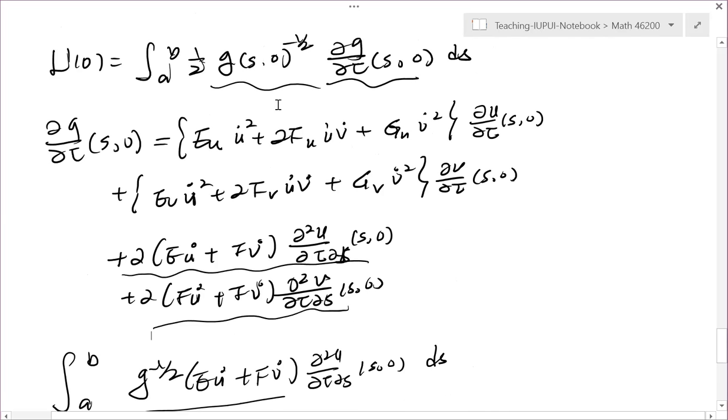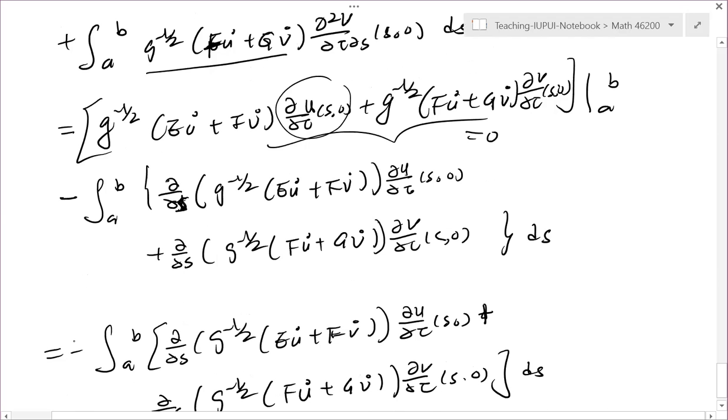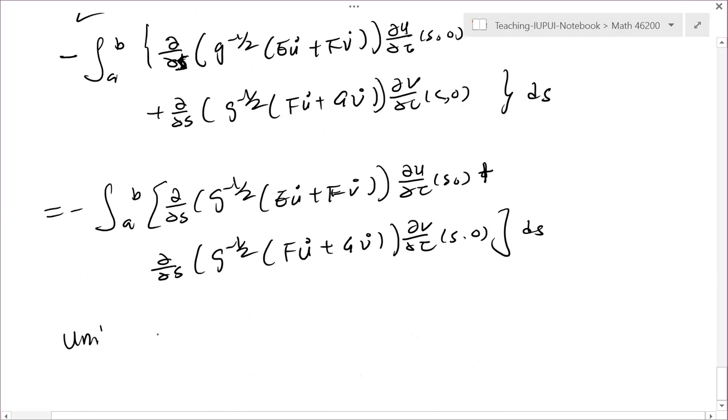Okay, now by assumption, this is going to be 1. So by assumption, it's unit speed. Unit speed implies g(s) is always equal to 1.